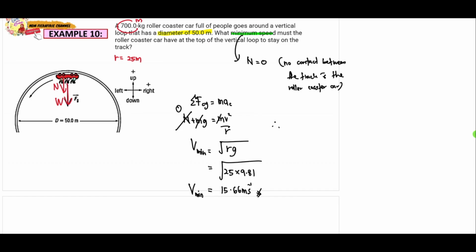So apa yang kita boleh cakap? The minimum speed the roller coaster car must have to go around a vertical loop, okay, of radius 25 meter tadi, okay, without falling off is 15.66 meter per second.